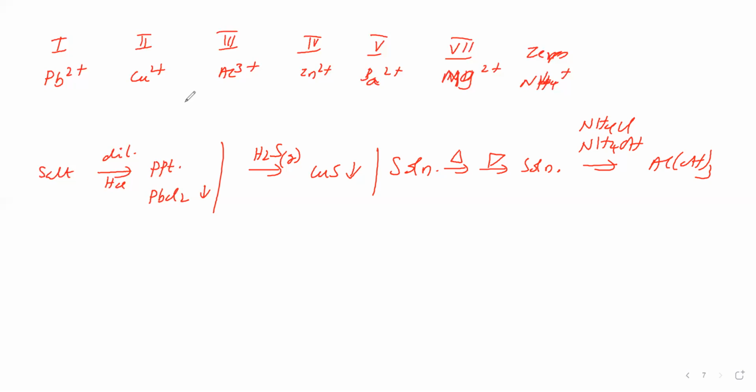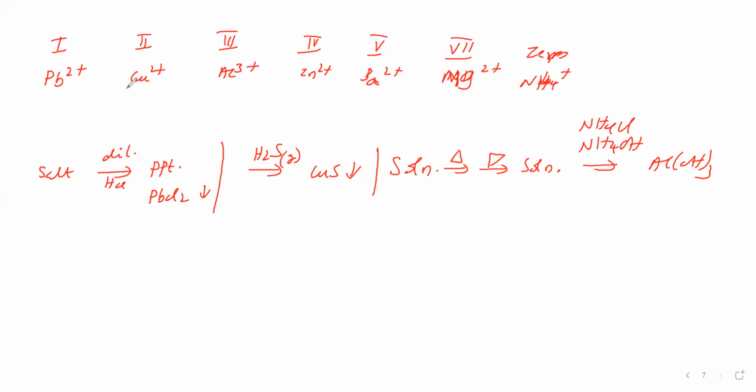We use dilute HCl as the group 1 reagent, and H2S in acidic medium as the group 2 reagent. Otherwise, if you use the group 3 reagent, group 1 and group 2 cations will also precipitate. Then how would we separate them? It would not be easy. Therefore, each group reagent is used separately.